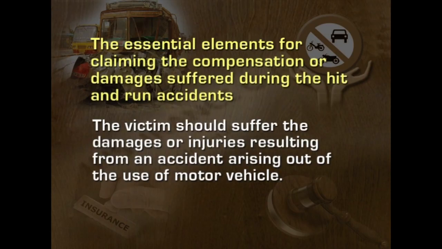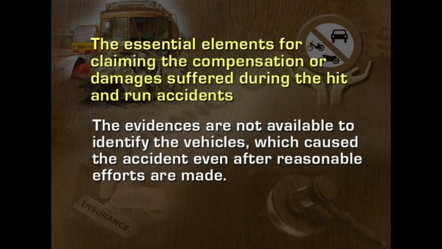The essential elements for claiming the compensation or damages suffered during hit and run accidents are: the victim should suffer damages or injuries resulting from an accident arising out of the use of a motor vehicle, and the evidence is not available to identify the vehicle which caused the accident even after reasonable efforts are made.